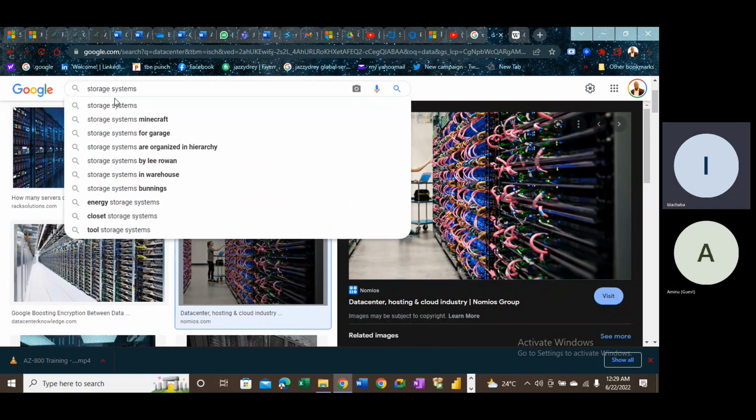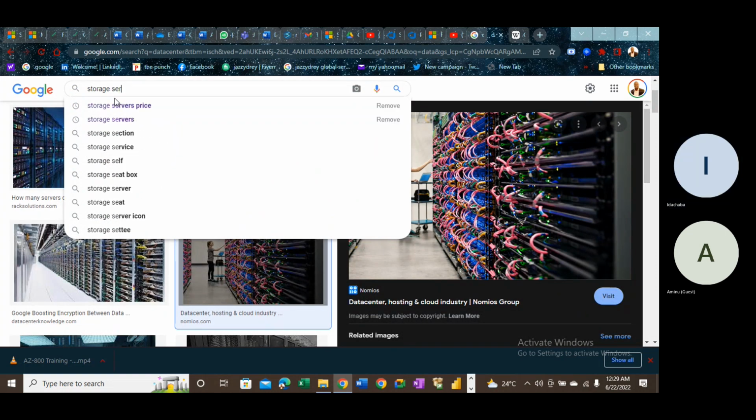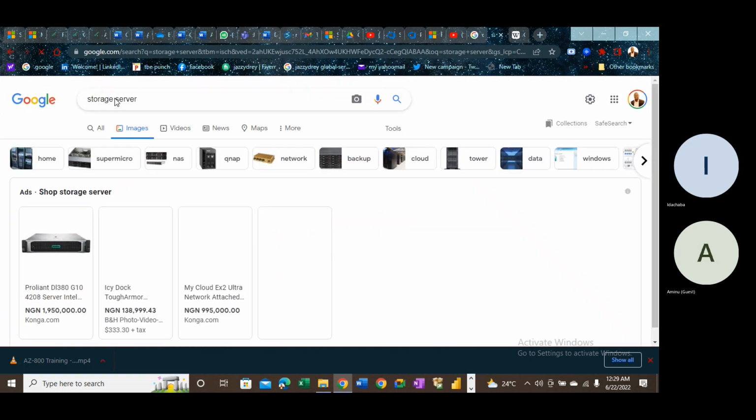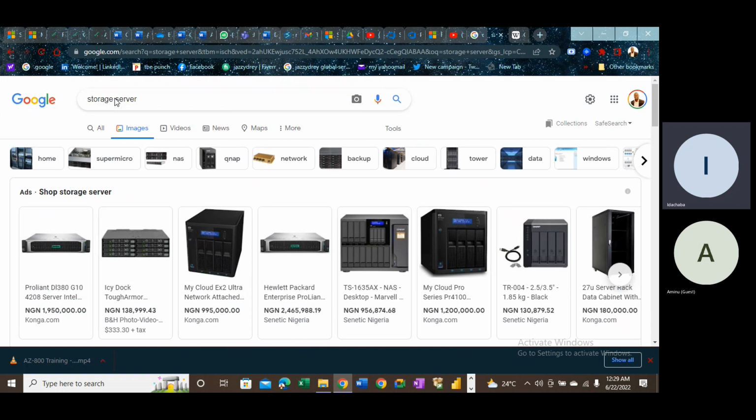If I say storage system, it might take me to different things. So look at the way they look like. They look like a one tick box. And look at the prices, sir. Are you seeing the prices? Yes. Just a minute, sir.